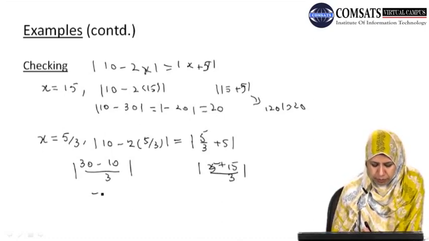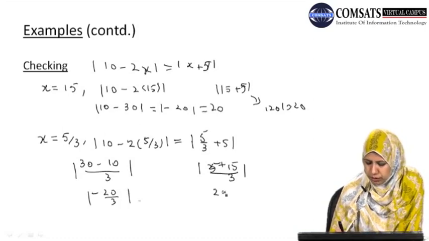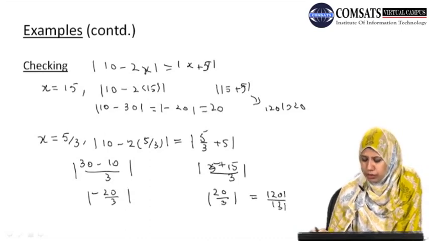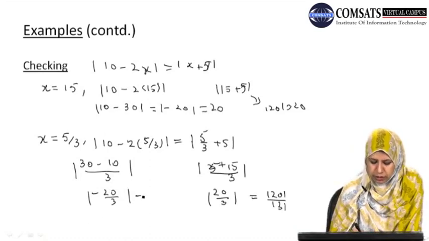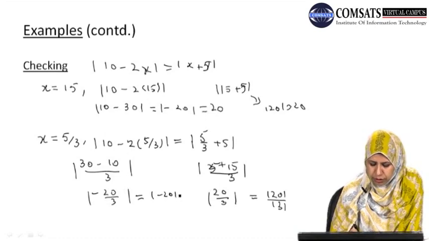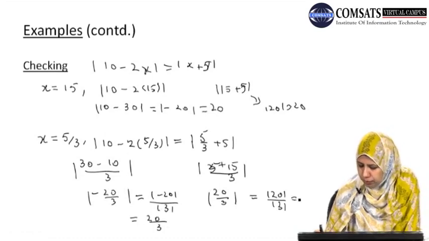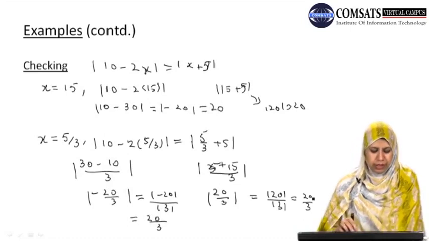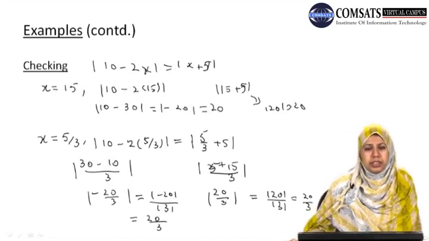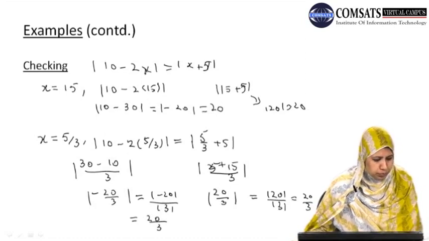Left side we obtain minus 20 by 3 absolute, and right side we obtain 20 by 3 absolute, which is absolute of 20 over mod of 3 using the property, and this is equal to absolute of minus 20 over mod of 3, which is again 20 over 3. So the value of x equal to 5 by 3 also satisfies our equation.